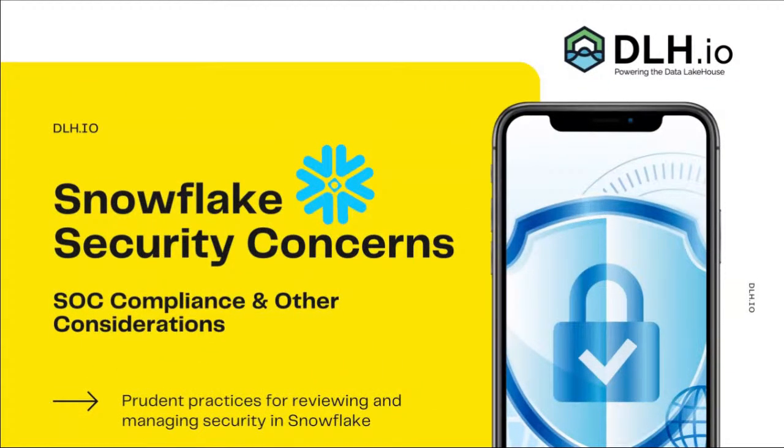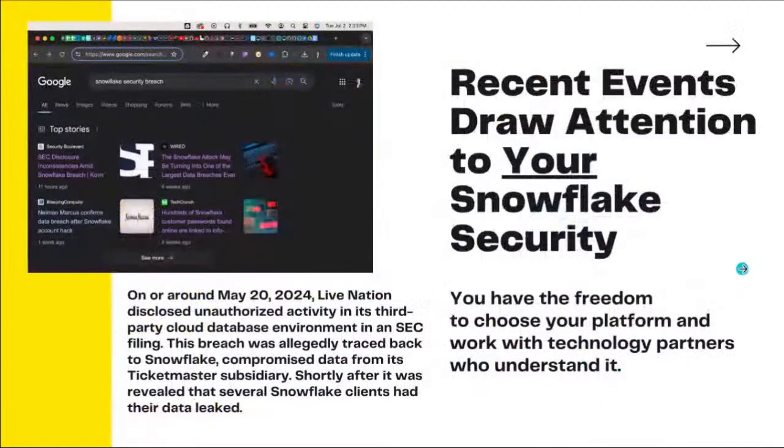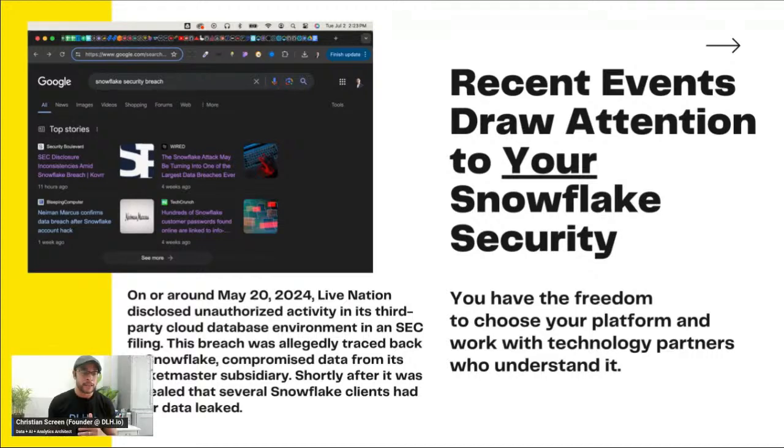Okay, so we've talked about the Snowflake security concerns, but why is this really relevant today? And we're going to call out a few attributions and things like that. But if you just do a quick Google search on Snowflake security breach, you're going to get some relevant results that are talking about very recent events.